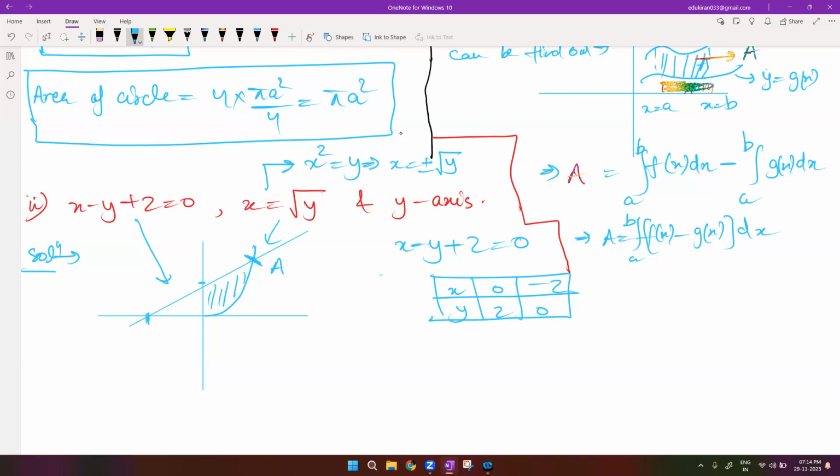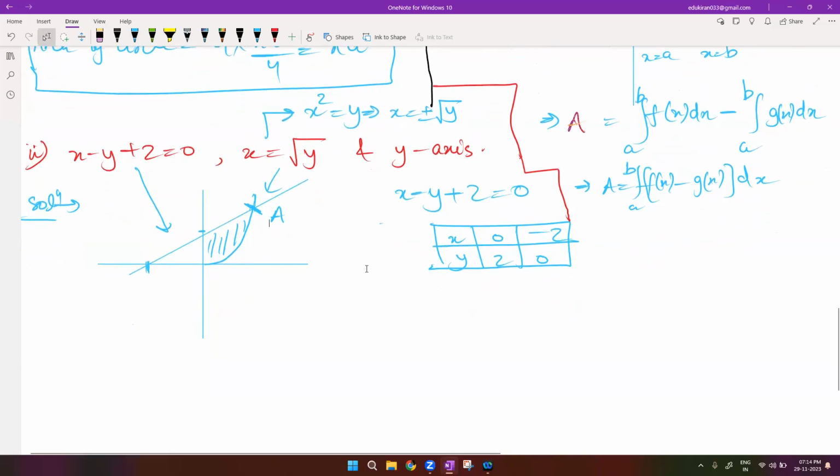Just replace the value of x or y from the first equation in the second equation. So in this case, I am replacing x equals root y in the first equation. Okay. So first, find the intersection point of the curves.